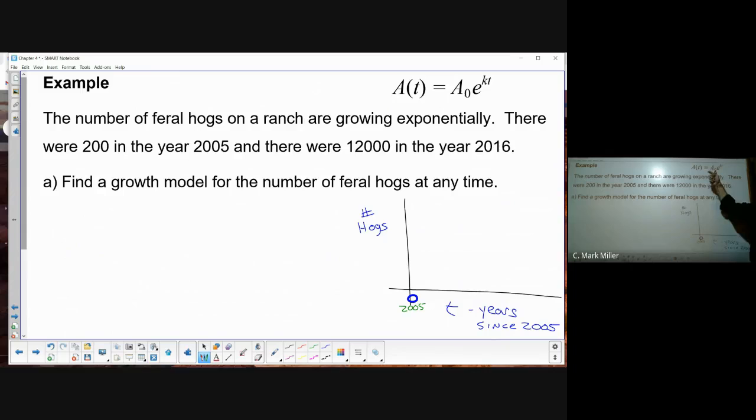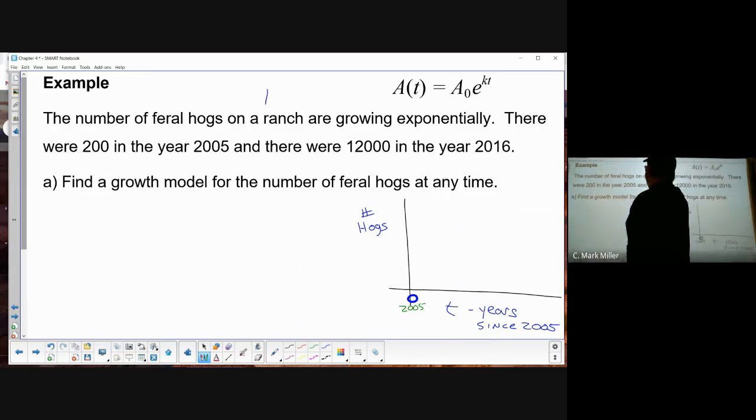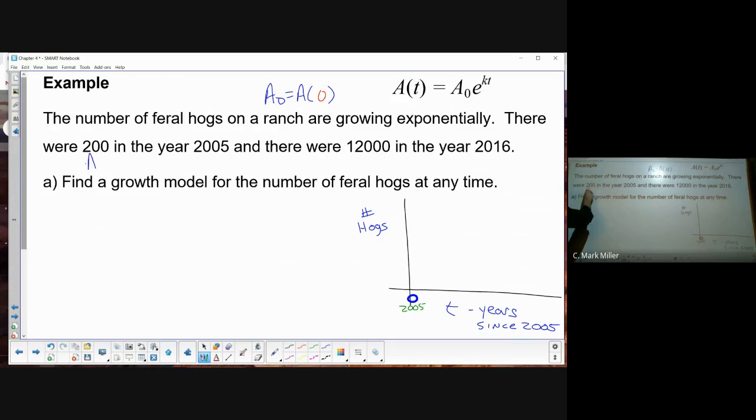So A0 is A evaluated at time equals 0. All right, so this 200 is A0. The year 2005 is t equals 0.